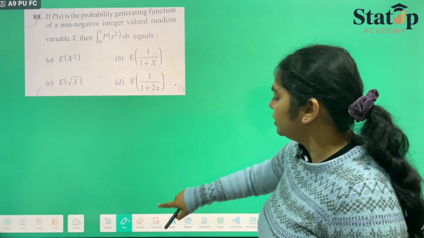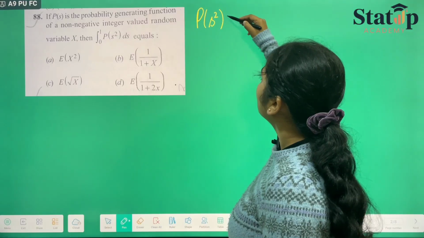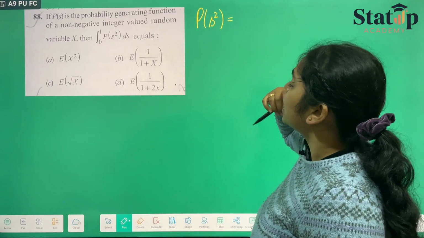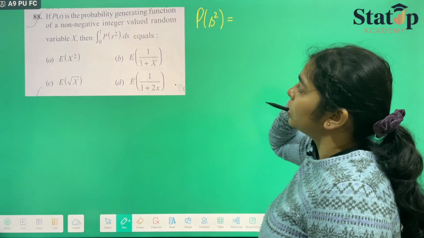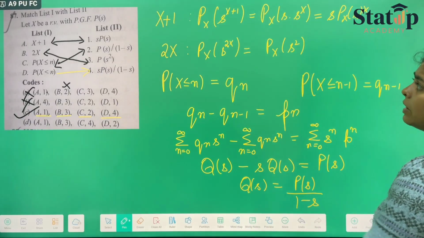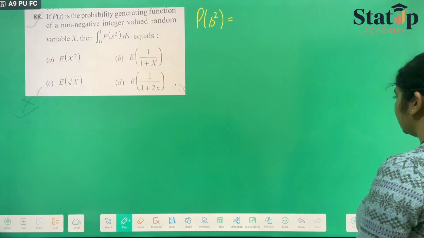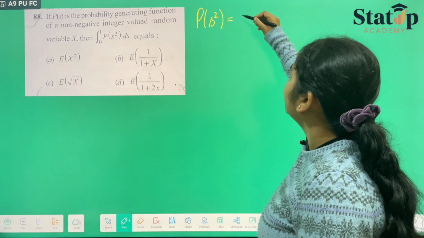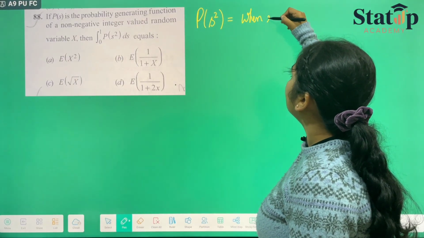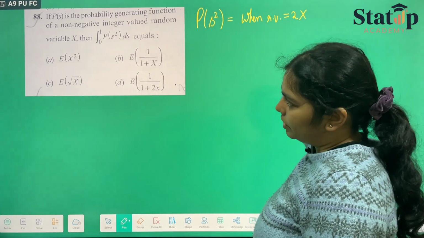Now we know that P(s square), if we calculate this, comes to be nothing but equal to what? We have already calculated this, it is equal to the case when the random variable is 2X, right? So when the random variable is equal to 2X, then only this probability comes.